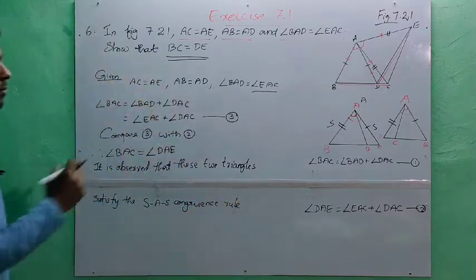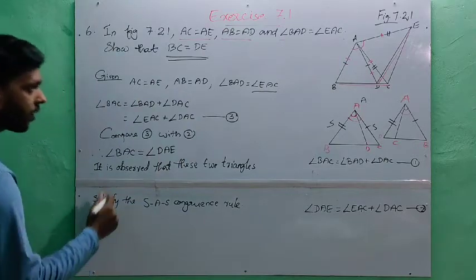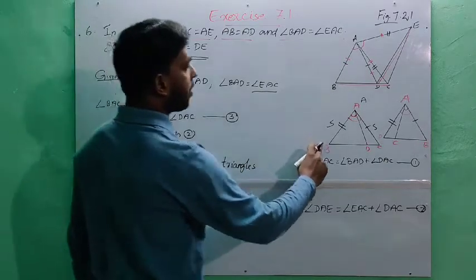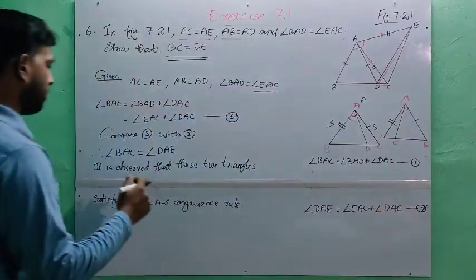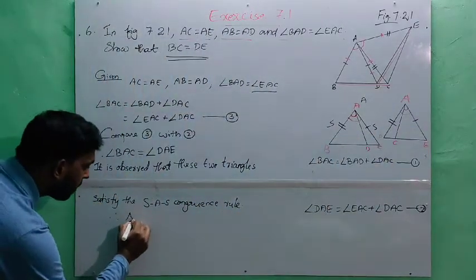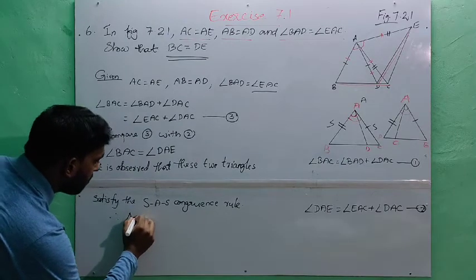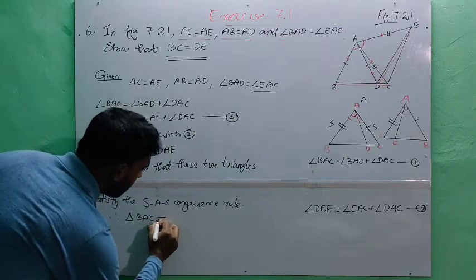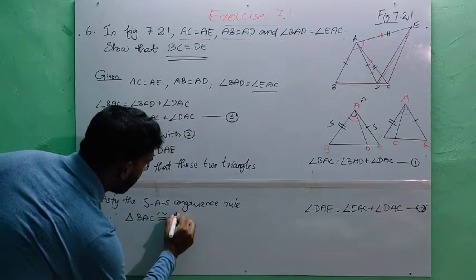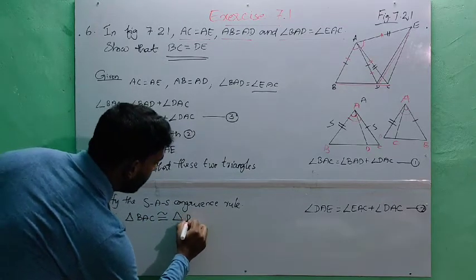So it's understood from here. Therefore, triangles BAC and DAE are congruent. Therefore, triangle BAC is congruent to triangle DAE.